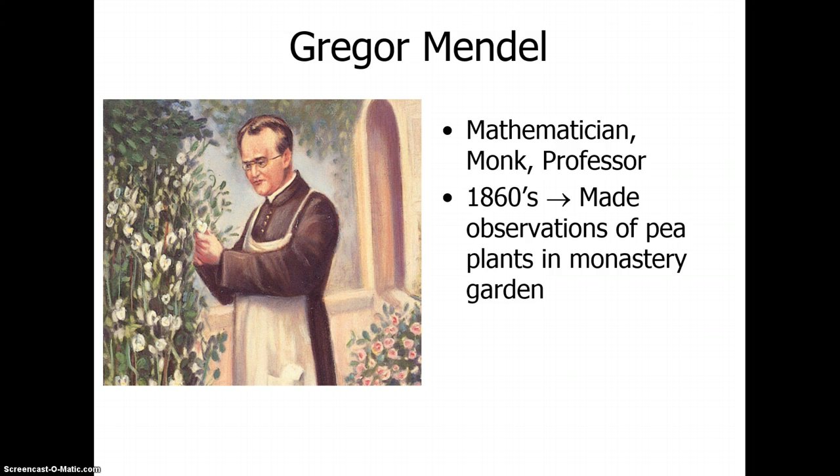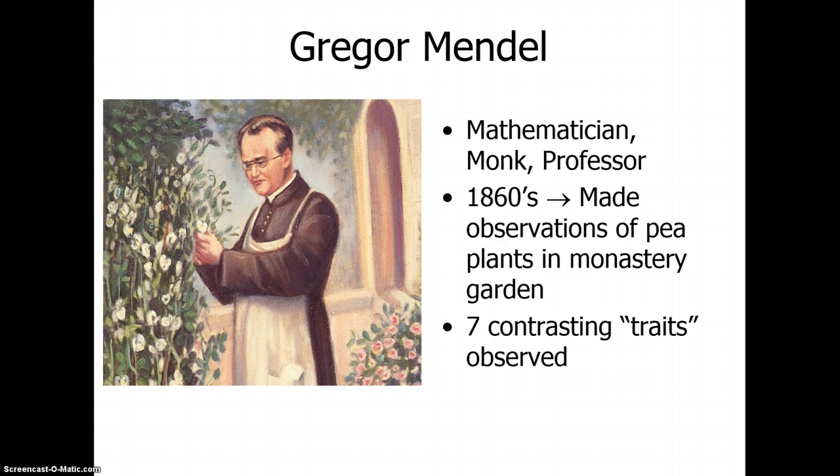So lots of peas, because, you know, peas are everybody's favorite vegetable. And he was observing them because we know a good scientist is always making observations. And then we'll learn a little bit later how he used his math background to help him determine or predict the probability of the offspring looking like mom, dad, or some mix in between.